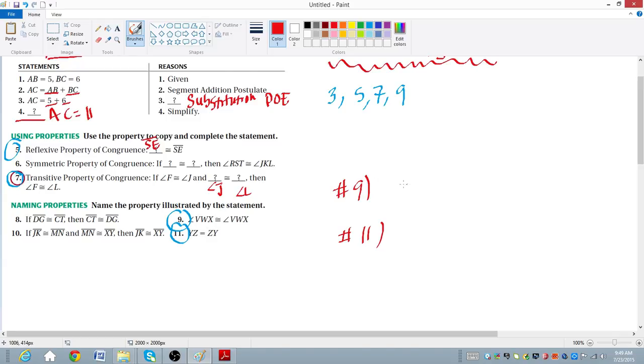So this number 9 is reflexive property of congruence, because we're talking about congruence here.